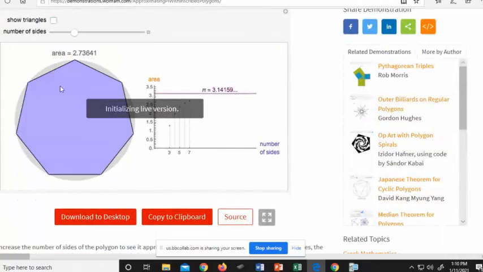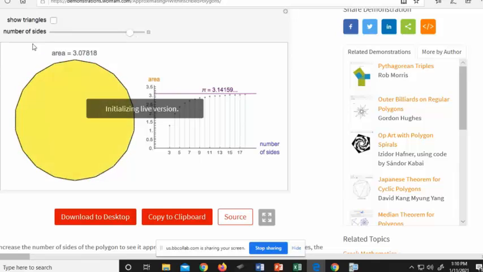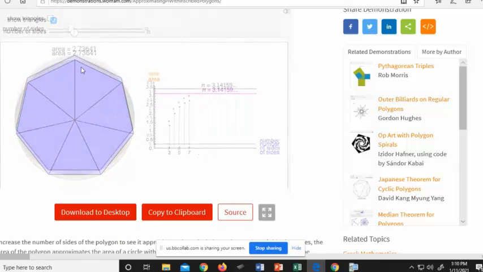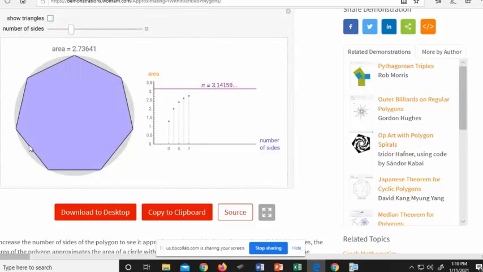Okay, so here's our circle. You can see that outline. And then here, the area of this inscribed polygon is shown. And right now, the area is about 2.7.